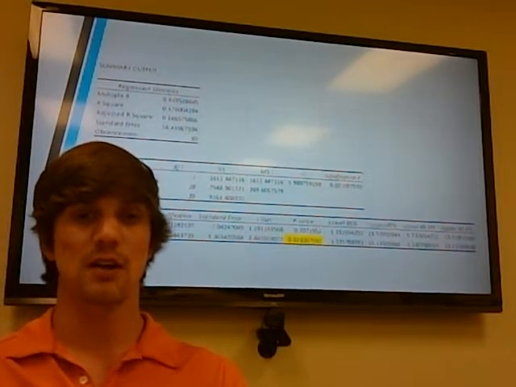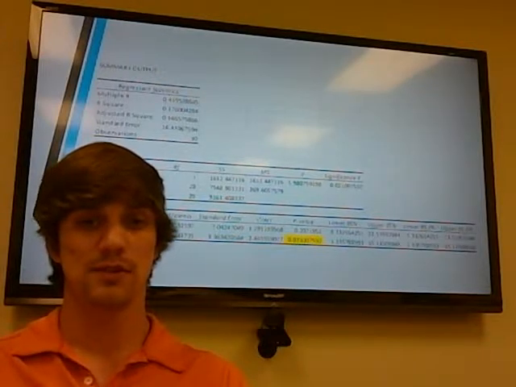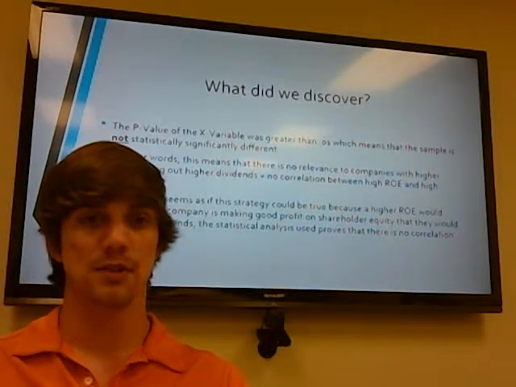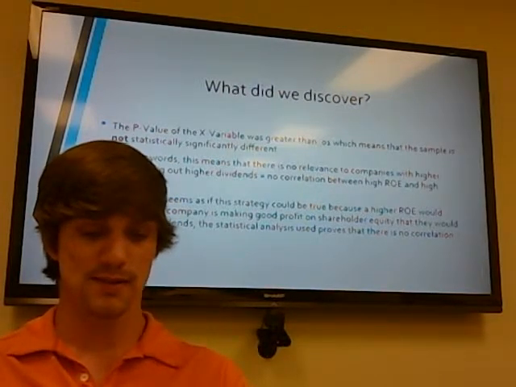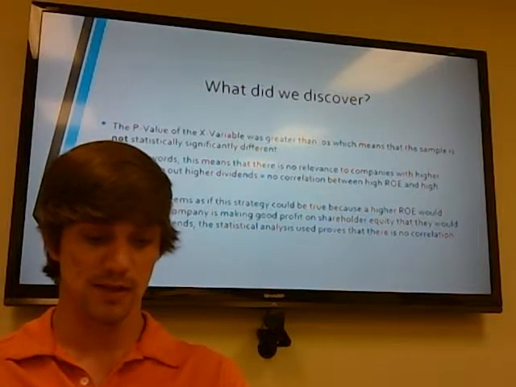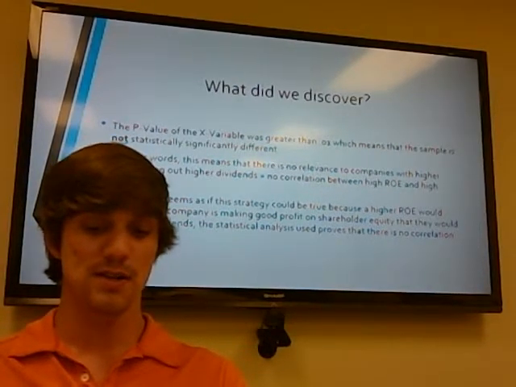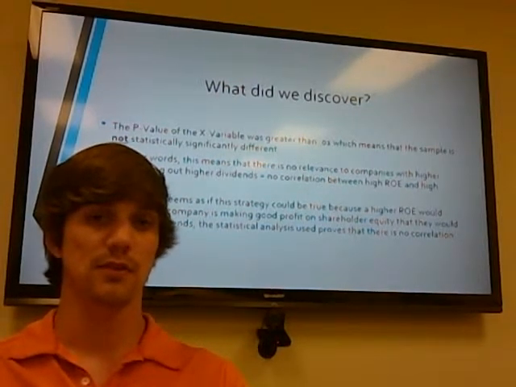So let's get into what this means about the statistical test. Technology is a lot smarter than I am, so we can see that, like I said, the p-value of the x variable was greater than 0.01, which means that the sample is not statistically significantly different.